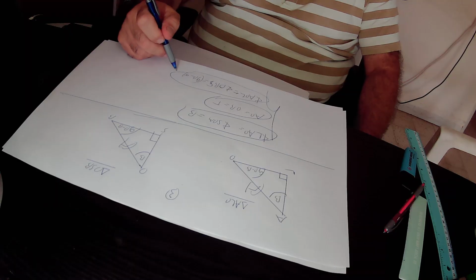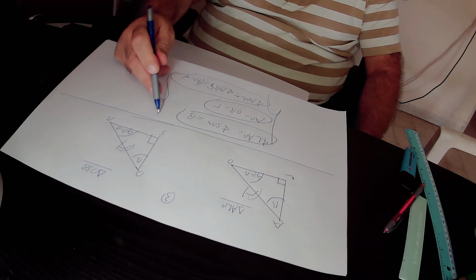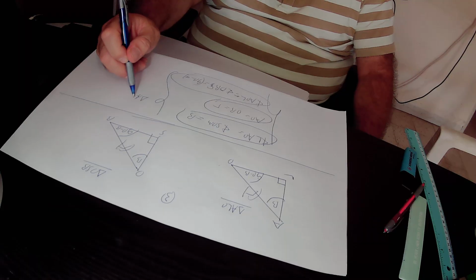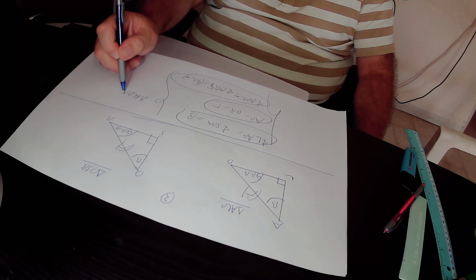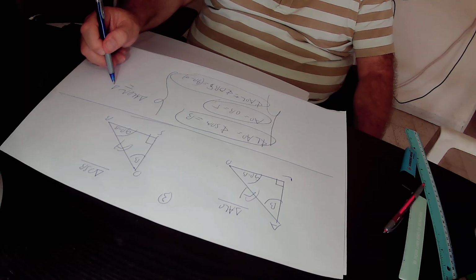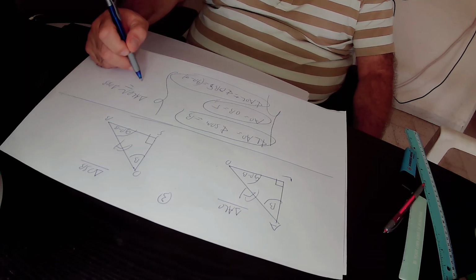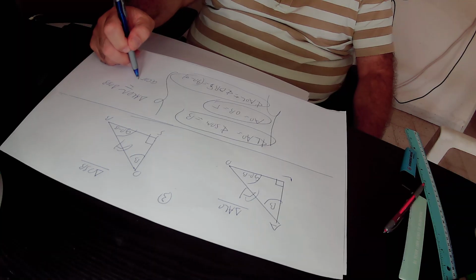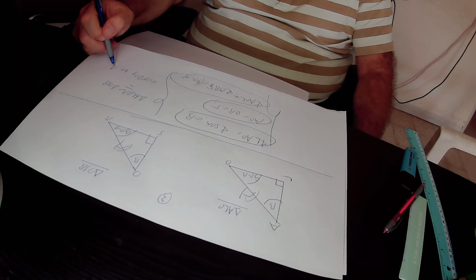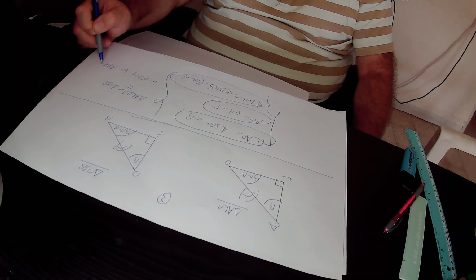So, as you know, the right triangle ALO is congruent to the right triangle OSB according to the angle side angle rule.